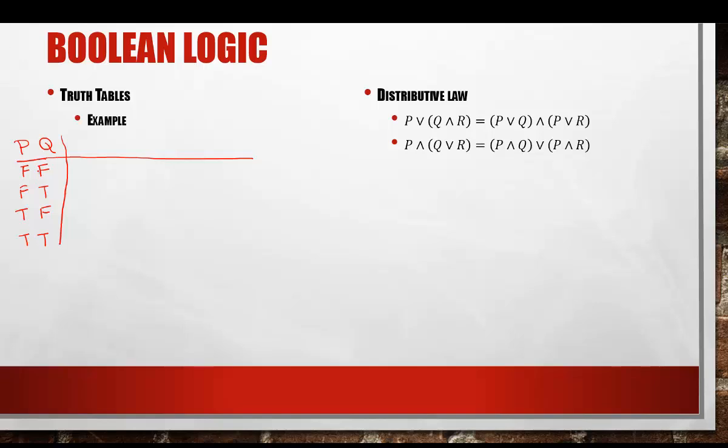Now you can easily see that if I have another operand like R, then these would require 8 entries. If I had 4 operands, it would require 16 entries. If I had 5 operands, it would require 32 entries. So if I had n operands, then the truth table needs 2 to the n entries.